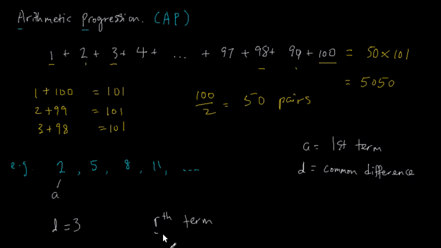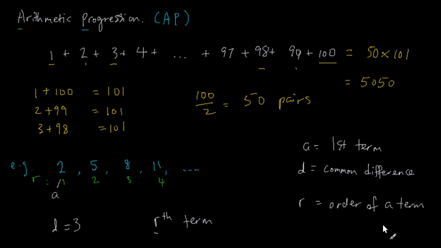I'm using R as a symbol to mean the order of a term. So if R is 1, it means the first term. If R is 2, it's the second term. If R is 3, it's the third term, and so on.